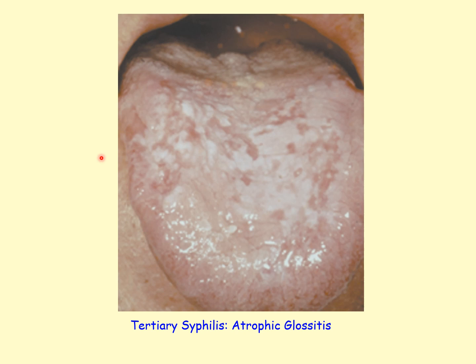In terms of premalignant conditions, you might want to consolidate your knowledge on oral submucous fibrosis, glossitis of tertiary syphilis, Plummer-Vinson syndrome or Paterson-Kelly syndrome, and also immunosuppression such as that with immunosuppressive therapy or stem cell transplantation can also be associated with increased risk of oral squamous cell carcinoma.